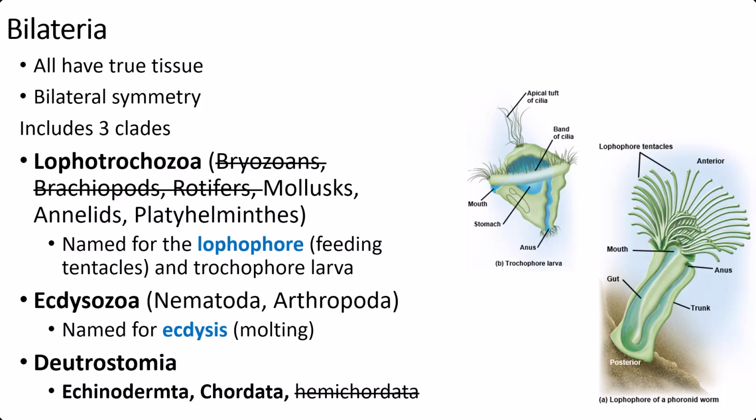That's not the only organisms in there, but those are the ones we're going to focus on. They're named for lophophore, which is feeding tentacles, and trochophore larvae. Then the ecdysozoans, which we'll talk about nematodes and arthropods, are named for ecdysis, which is the fancy word for molting. And then the deuterostomes, which includes the echinoderms and chordata.